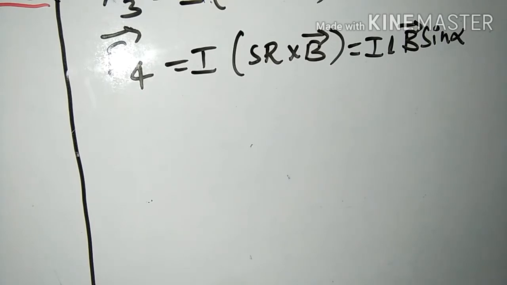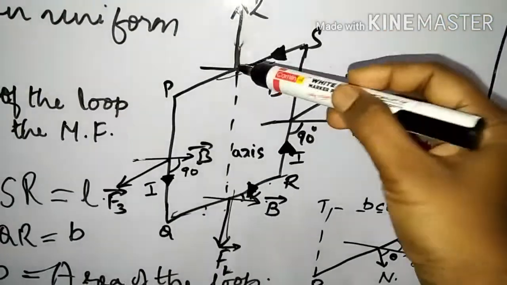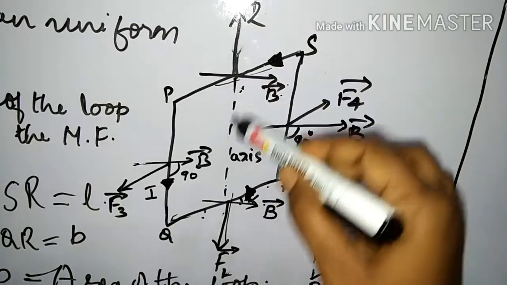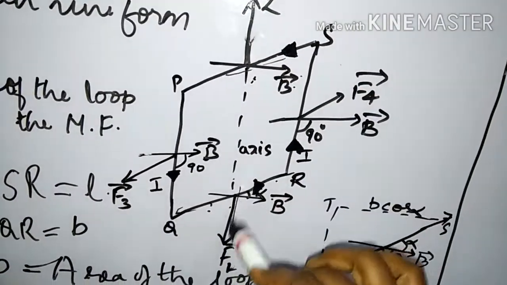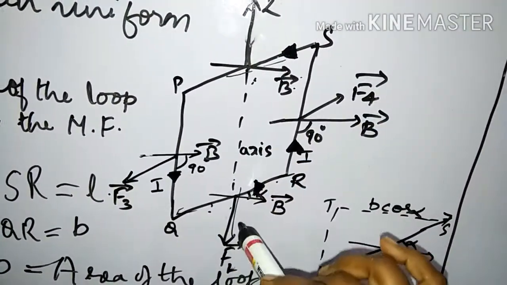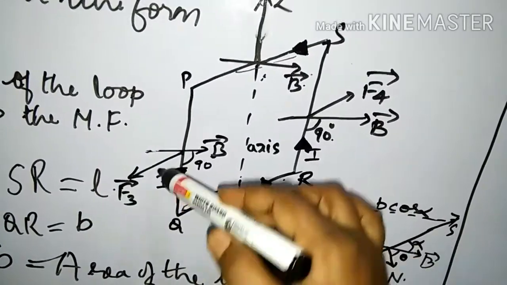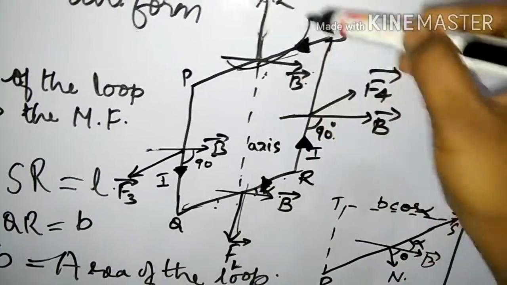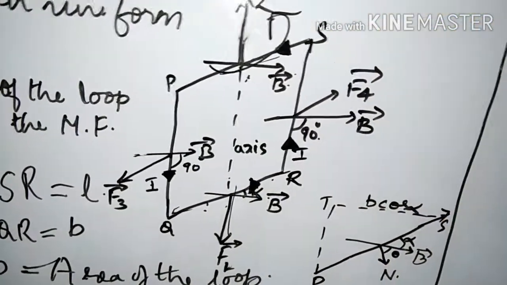Now we will consider the torque. Here you can see these two we will not consider because they are acting on the axis. F1 and F2 get cancelled, and F3 and F4 act in opposite directions, creating a torque on the loop.